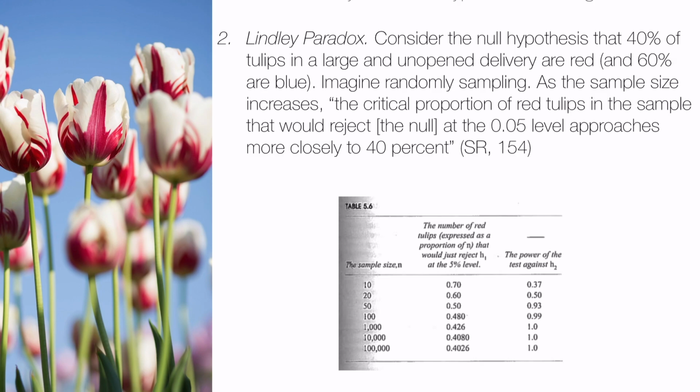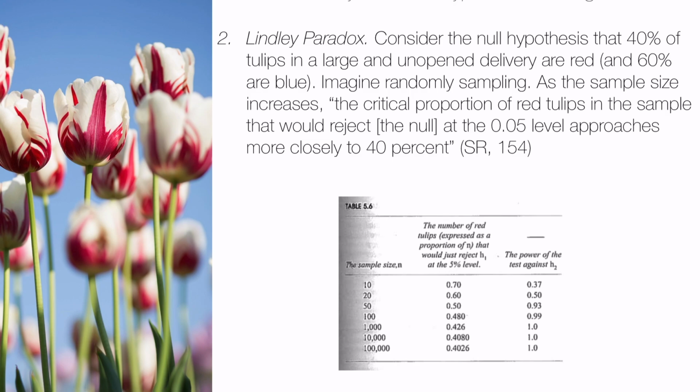And if we go to a sample of 20, the proportion of red tulips in that sample needed to reject at the 5% level drops. It drops to 60%. And so what we're seeing is as we get a larger sample, the sample proportion that would cause a rejection of the null hypothesis seems to get closer to the null hypothesis itself.